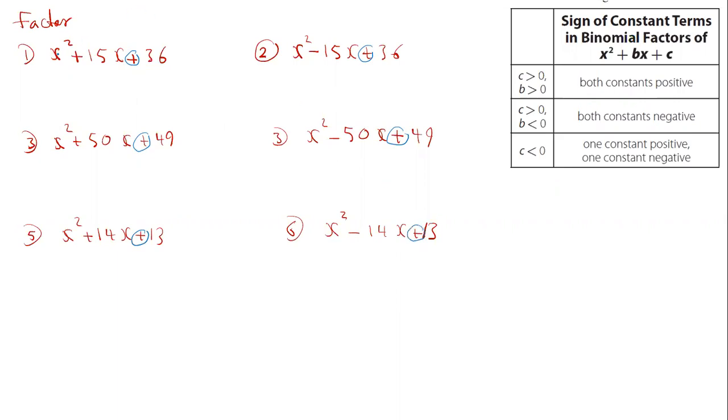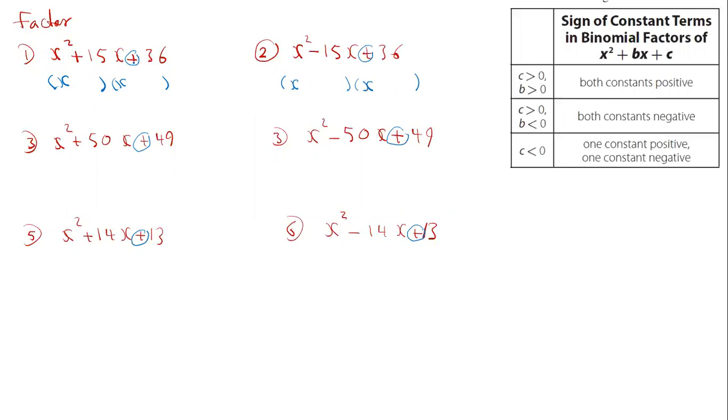Firstly, we have to make two brackets for all of them. I will start with the first one. X squared will be factorized as xx here.